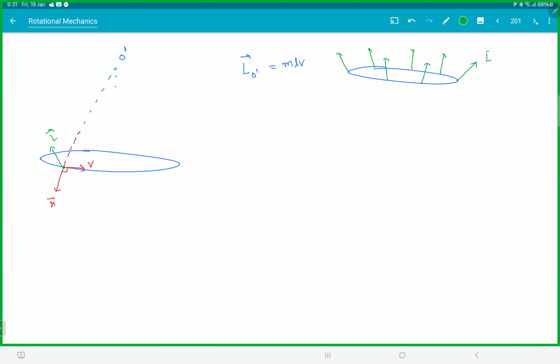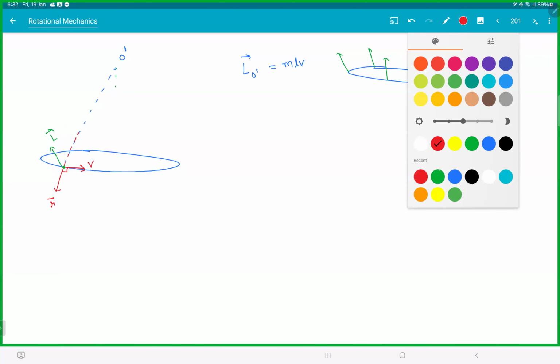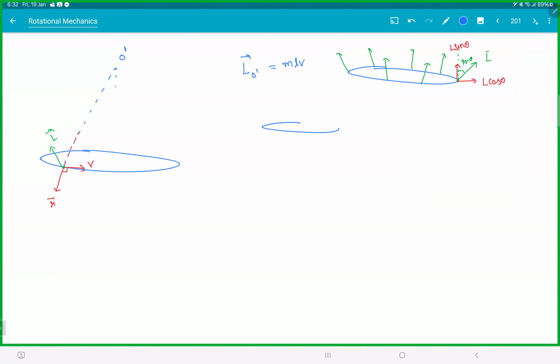So if you look at the vertical lines, this would be 90 minus theta. So this angular momentum has two components, L cos theta and L sin theta. If you look at this angular momentum vector, there is one L sin theta component, which is constant.